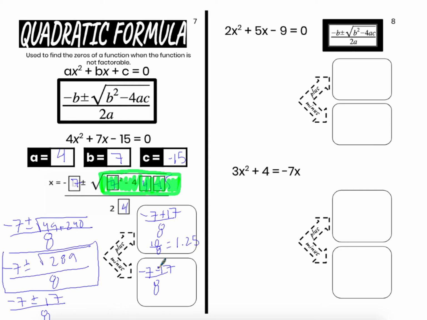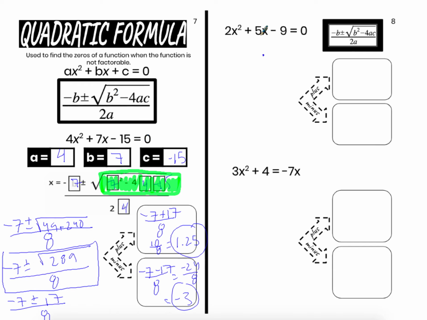And then negative 7 minus 17 is negative 24 divided by 8, which is just negative 3. That gives me my two solutions to this equation. If I were to plug in 1.25 or 1 25/100 into this equation, I would get 0. And if I were to plug in negative 3, I would also get 0.